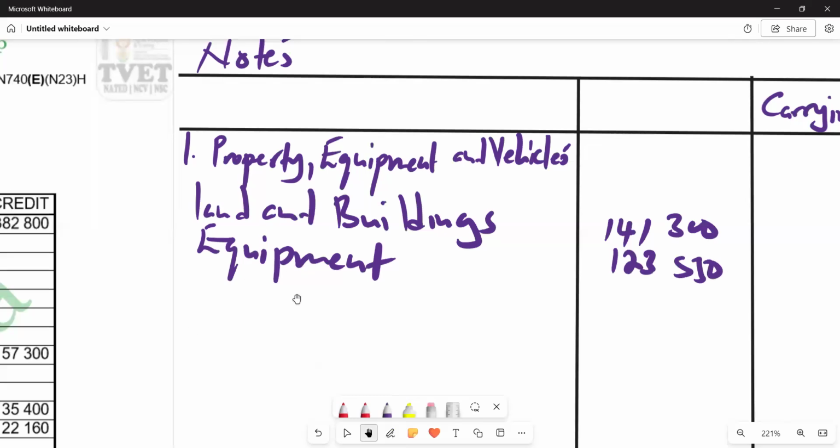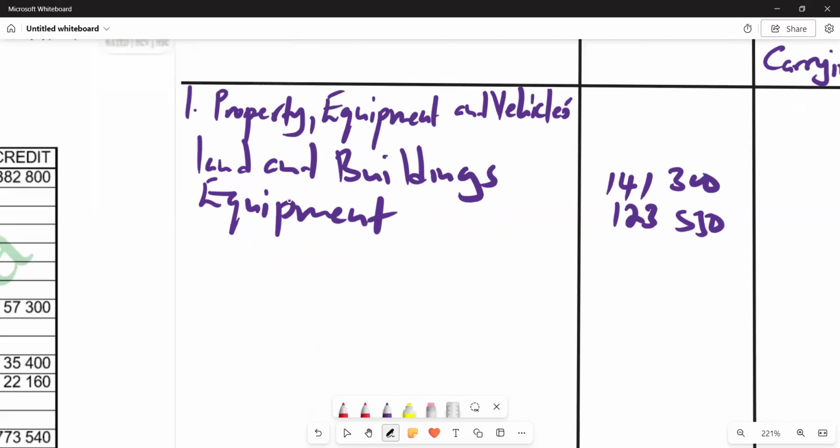And then we also have our vehicles. So we say vehicles, and then the amount that we use is 91,250.